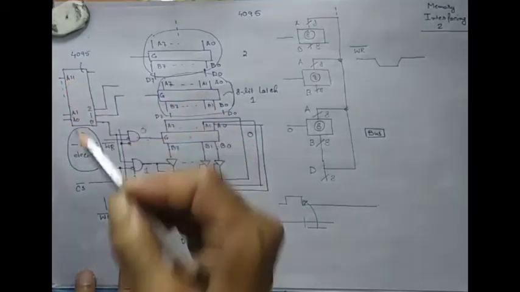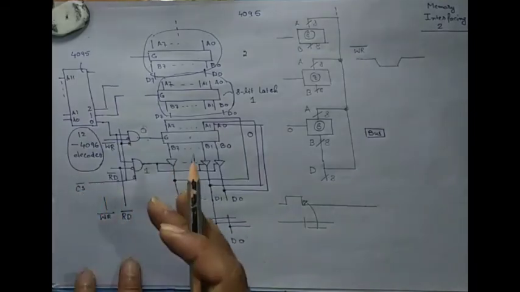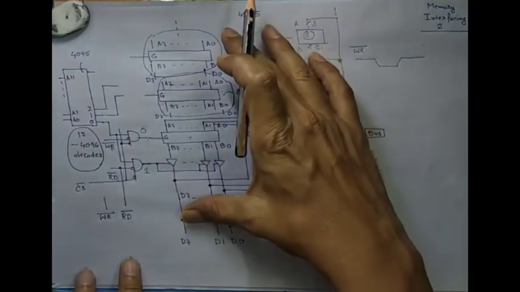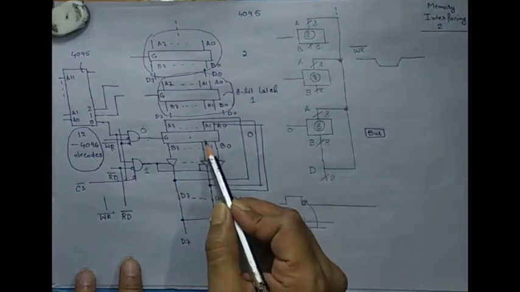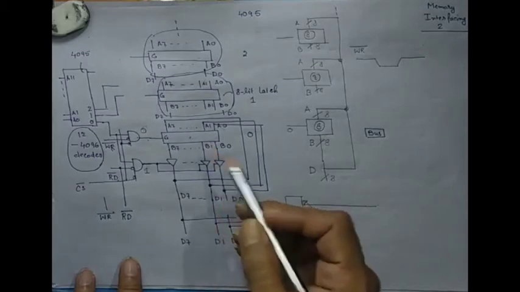If the address present on the address lines is of such a value that this particular RAM and this particular latch of the RAM will be selected, then this particular latch. If the address is of some other value, then some other latch present inside some other memory location, then some other latch present inside some other RAM device will get selected.